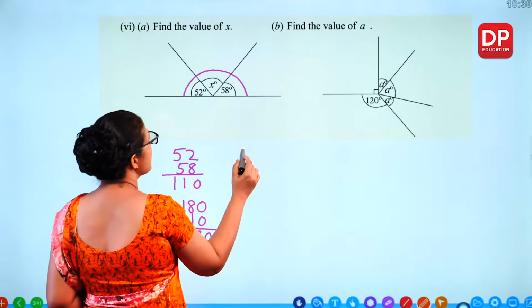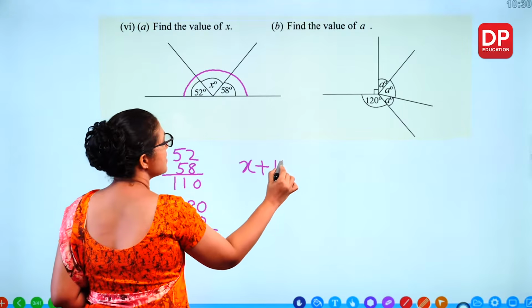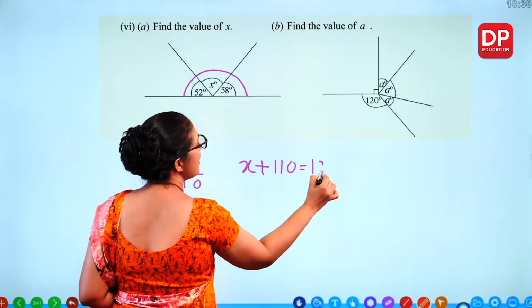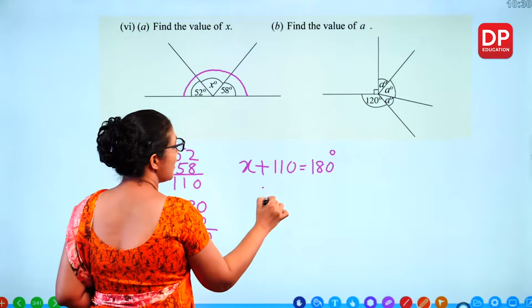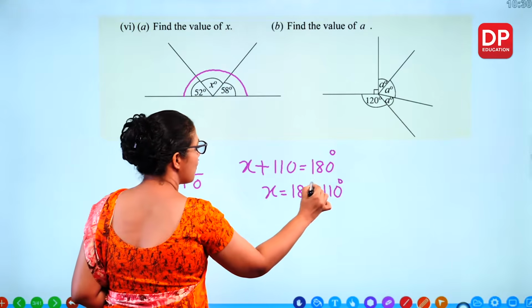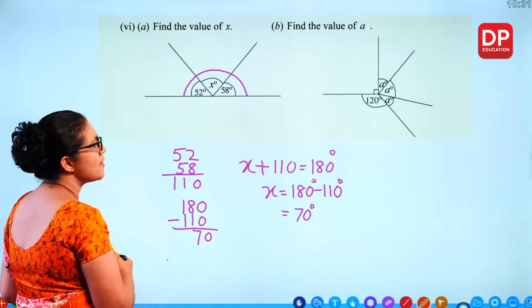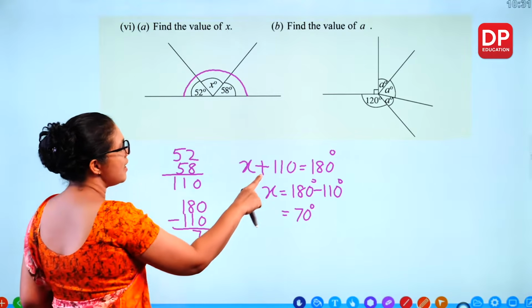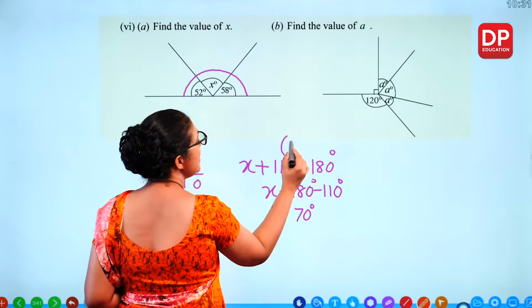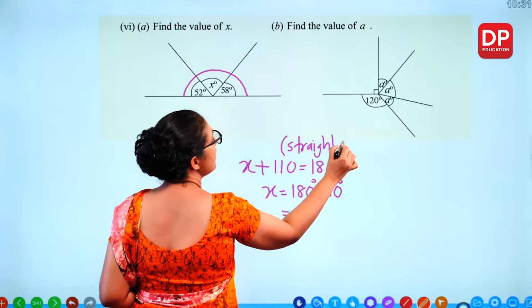So we can write x plus 110 equals 180. So x is 180 minus 110, and we found that that's 70 degrees. So x is 70 degrees. So here you can write why this is 180, because it's a straight angle.